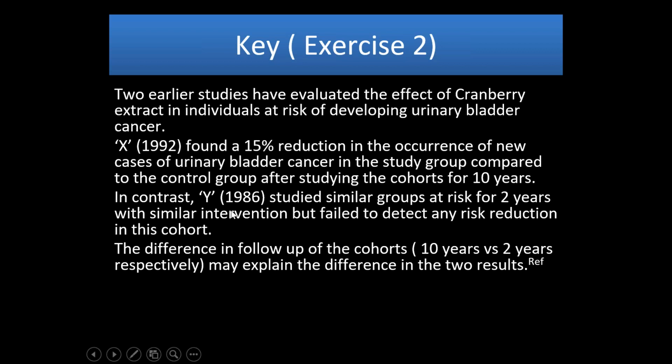In contrast, Y studied similar groups at risk for 2 years with a similar intervention but failed to detect any risk reduction in the cohort. The difference in follow-up of the cohorts, that is 10 years versus 2 years, may explain the difference in the two results. So it's just reframing everything in your own words and putting a one-line logic below it.